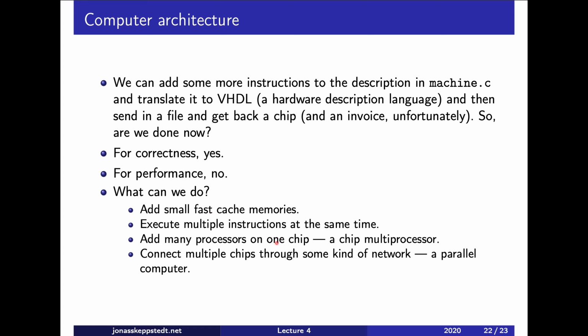What we can also do is to have multiple processors on the same chip. That's, for instance, when you buy a phone and it is a quad core. It means that it has 4 CPUs on the same chip. And in addition, we can connect different chips through some kind of network and get an even more parallel machine.